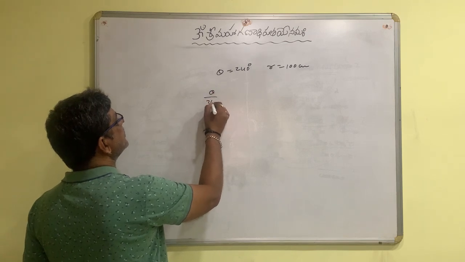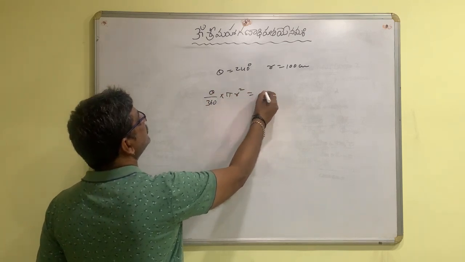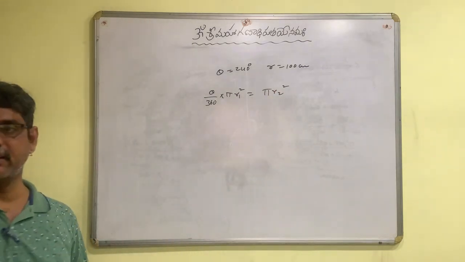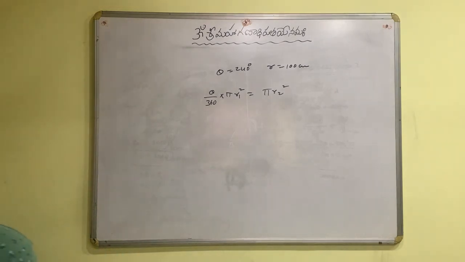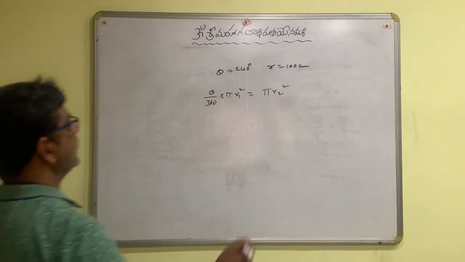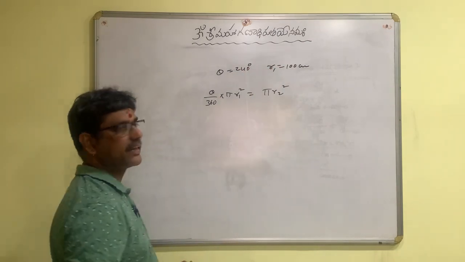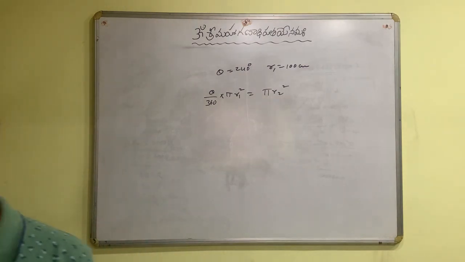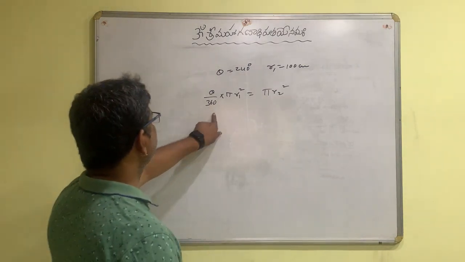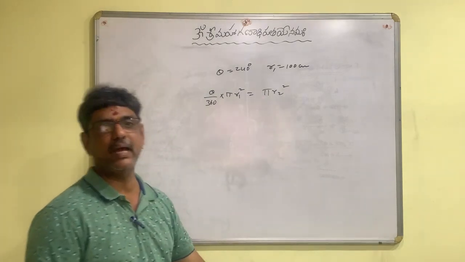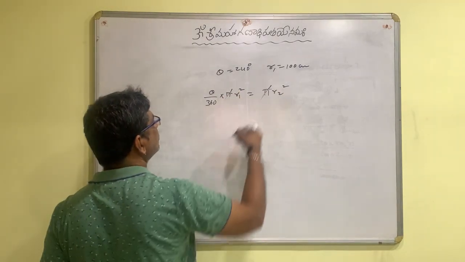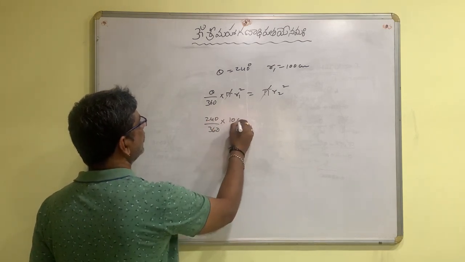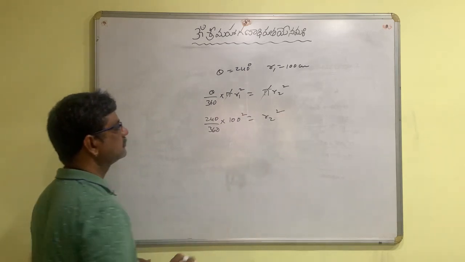That means theta by 360 into pi r1 square is equal to pi r2 square. Area of the sector of radius r1 and sector angle 240 is equal to the area of the circle with radius r2. Pi gets cancelled. 240 by 360 into 100 square is equal to r2 square.